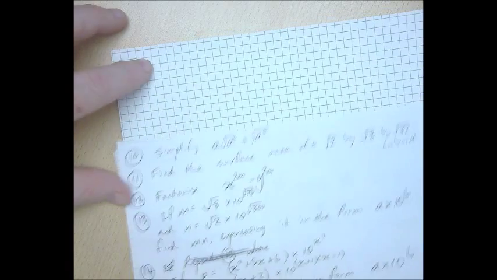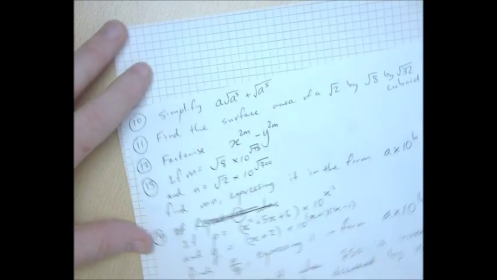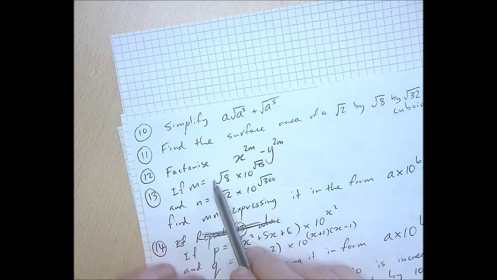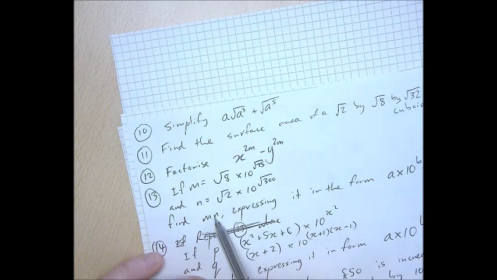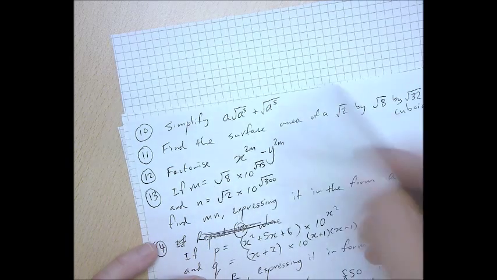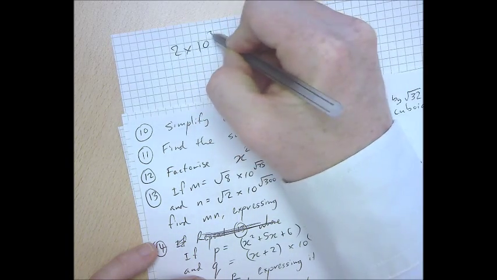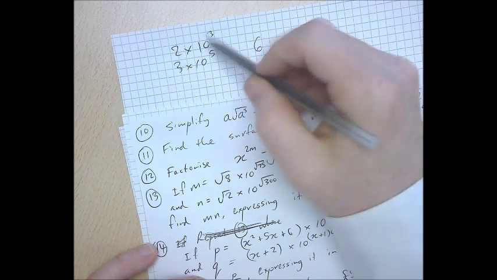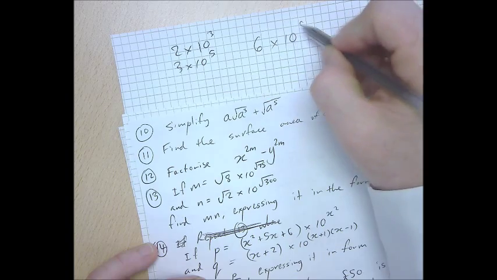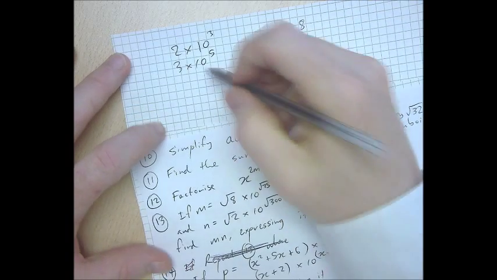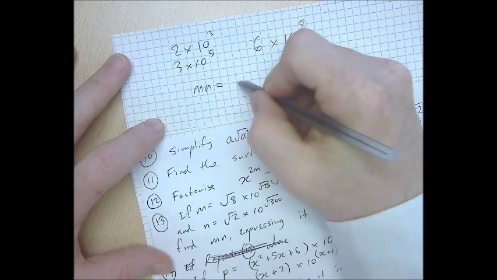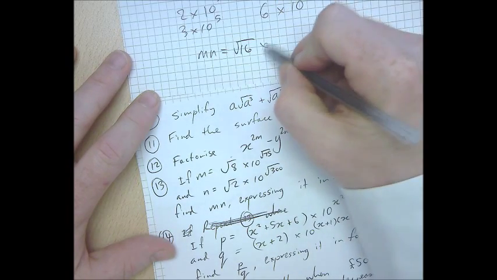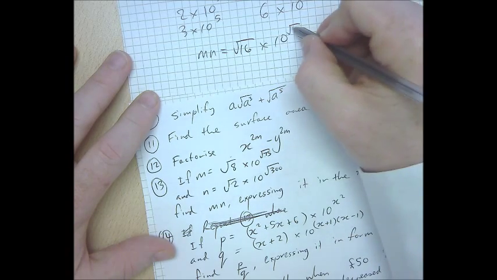Now, question number 13. So m is this, n is this, and we have to find the product of those. Well, that looks like standard form to me. So if it was just this, I would go that times that, and then I would add the powers on those. So that's what I'm going to do here. I'm going to go mn equals this times this, which is root 16 times 10 to the power, and then I'm going to add those.